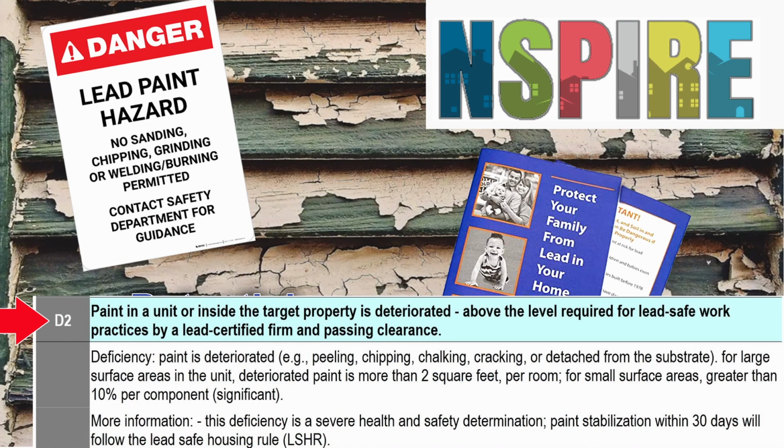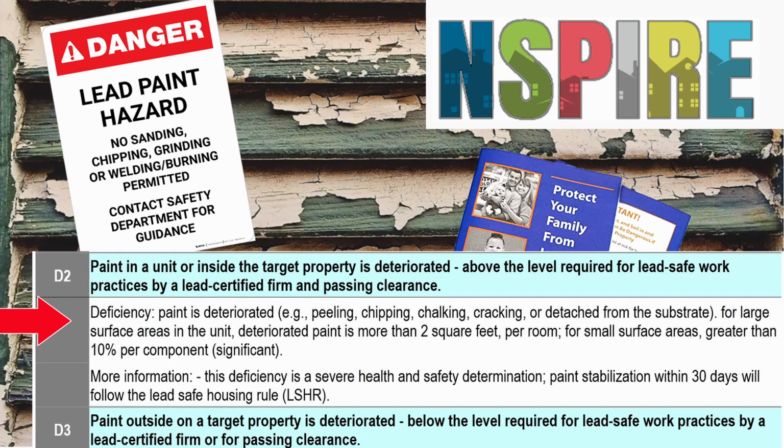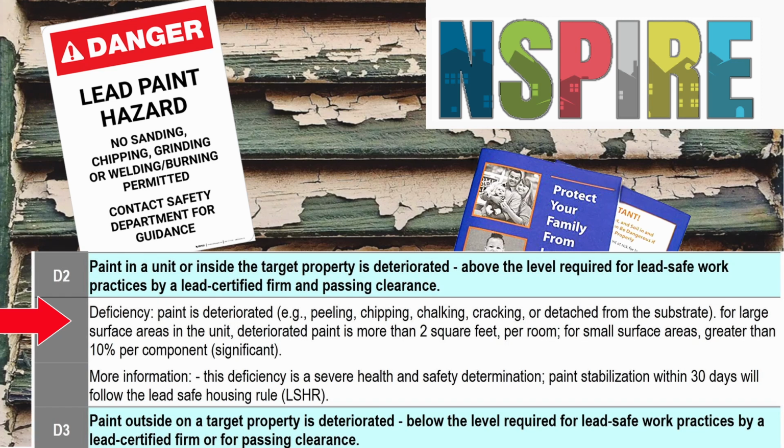Deficiency 2, paint in a unit or inside the target property is deteriorated, above the level required for lead-safe work practices by a lead-certified firm and passing clearance. Deficiency, paint is deteriorated, e.g., peeling, chipping, chalking, cracking, or detached from the substrate.